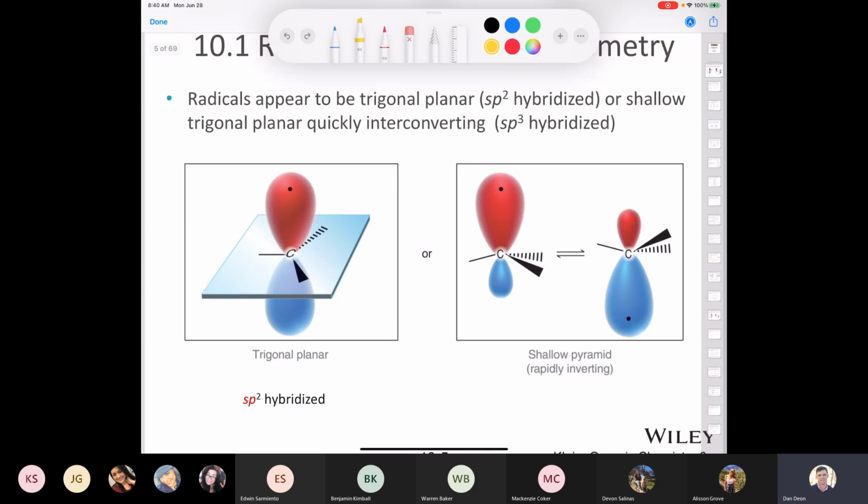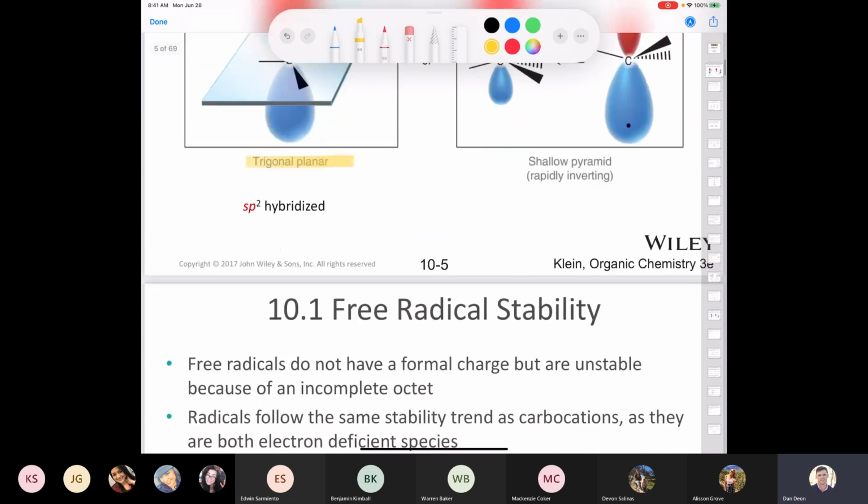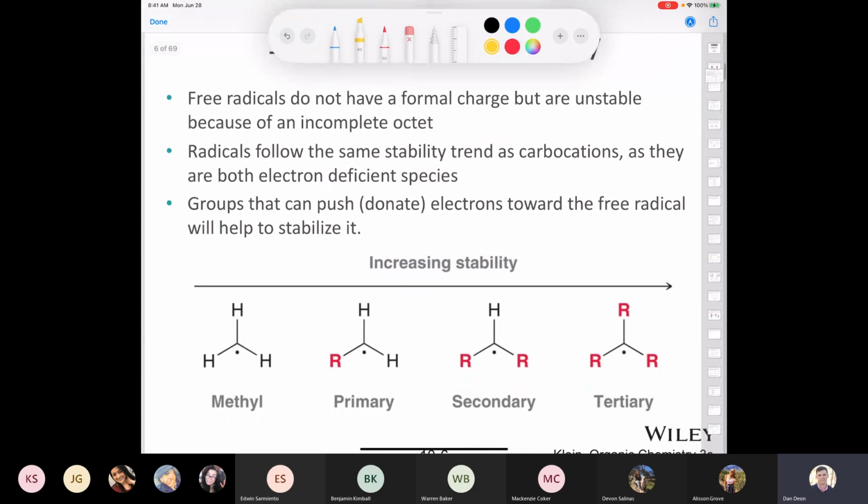In Chemistry 3101, hear me out loud and clear, you can view a radical as being trigonal planar. Whenever we see a radical and we're considering its molecular geometry, we can think of it as trigonal planar, because even if we think of it as a pyramid, it's so shallow and inverts so rapidly that we just think of it as trigonal planar. Now, let's talk about the stability of free radicals.